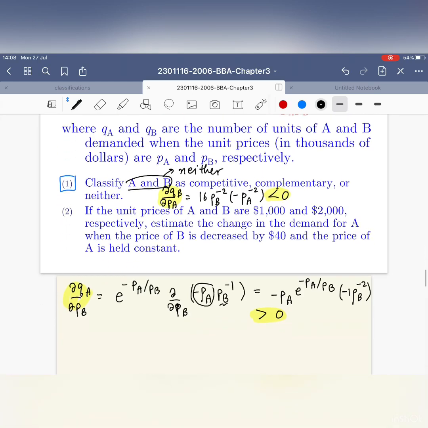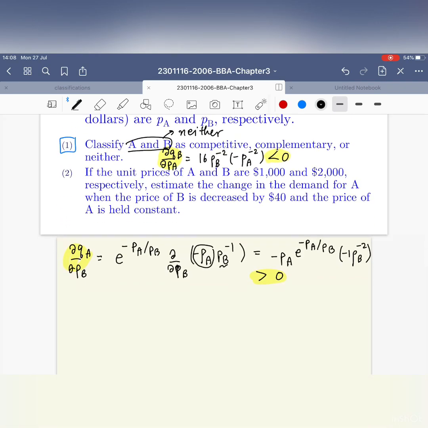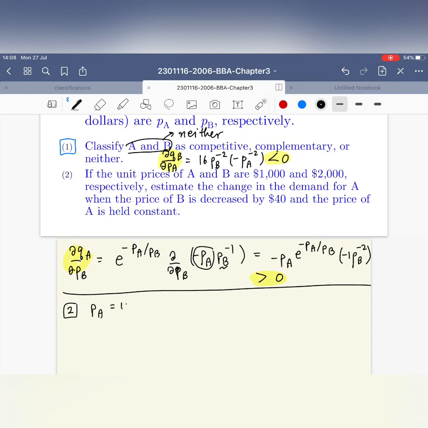So let's read the second problem. So here's the first problem. Let's do the second problem. It says that if the unit prices of A and B are, so it means that the PA is 1,000 and the PB is 2,000 per unit.